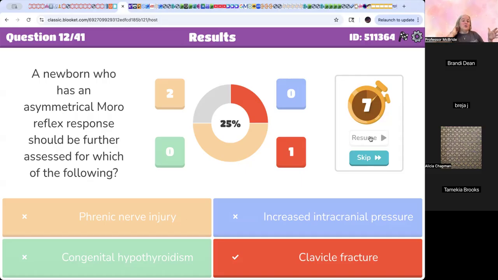Oftentimes this can be a sign of a clavicle fracture, because if they have a fractured clavicle, it's painful and they start to come up and they kind of guard it. So this side can still move with a clavicle fracture, but it's going to be guarded.